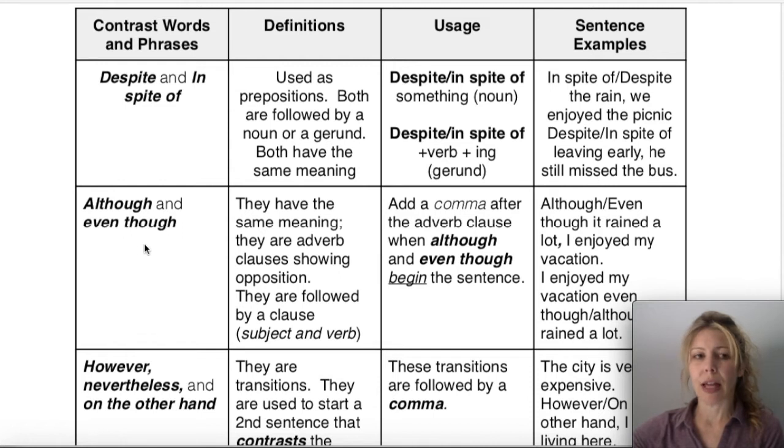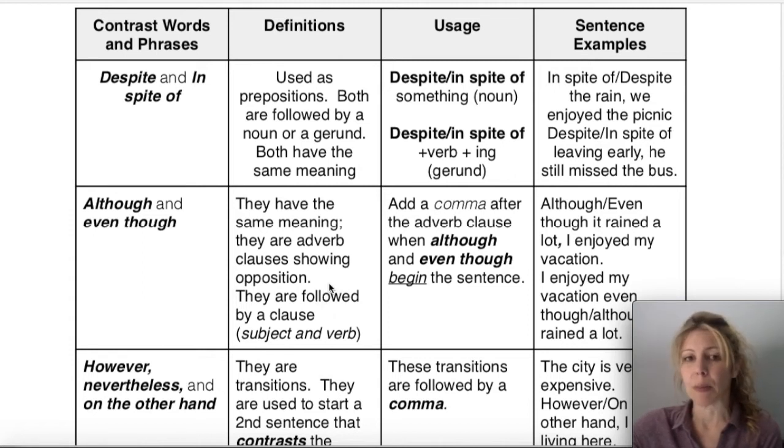Let's look at the next one, although and even though, and we kind of use these interchangeably. They have the same meaning. They are adverb clauses showing opposition, and they're followed by a clause. Whatever you put with although and even though, you have to have a clause with that, a subject and a verb.